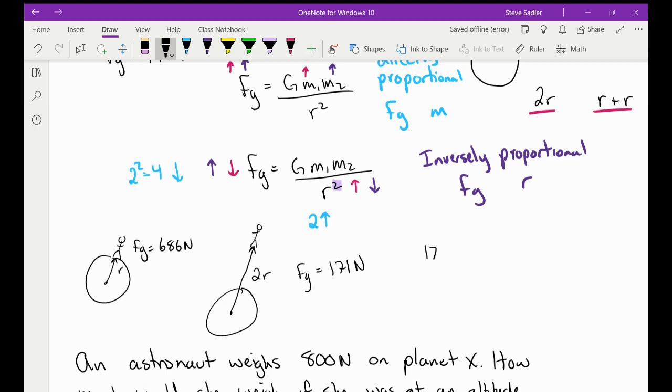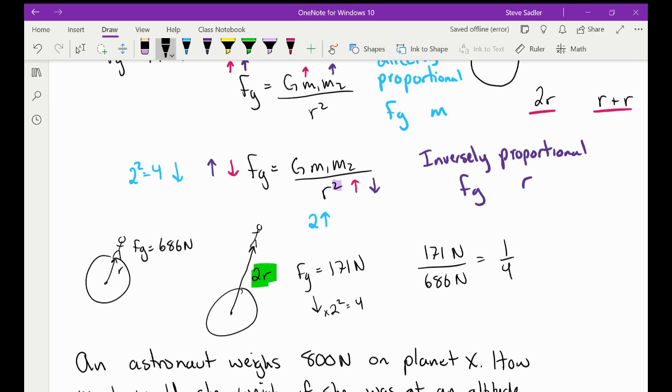You can see that 171 is 1/4 of 686. So we doubled the radius, which means the force of gravity should have gone down by a factor of 2 squared, or 4, which it has. 171 newtons divided by 686 newtons is 1/4.